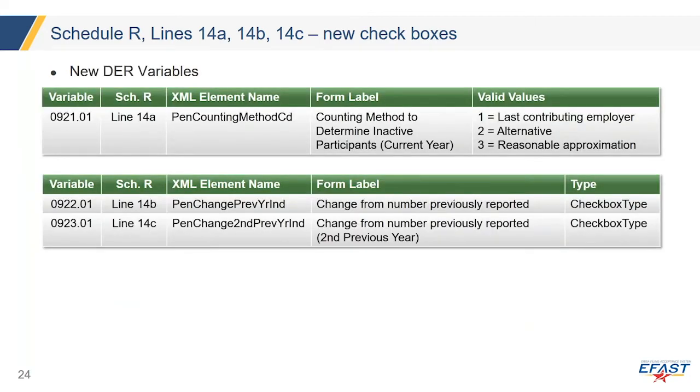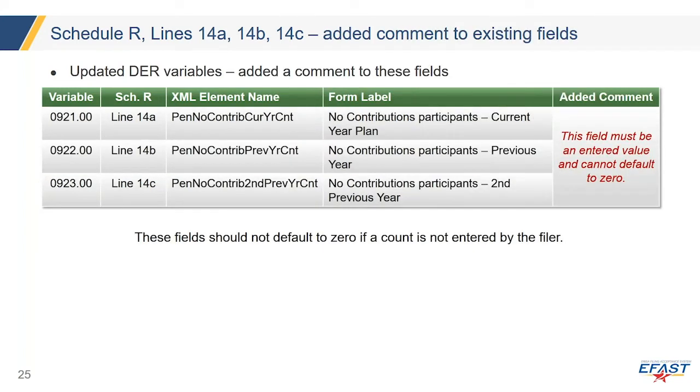So here are the new dir variables for lines 14A, B, and C, including valid values for line 14A. The dir variables for the count fields on lines 14A, B, and C were also updated, but only to include a new comment. That comment says that values must be entered into the fields and cannot default to 0. So those are existing dir variables with newly added comments.